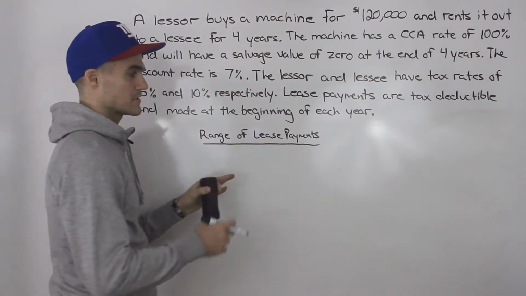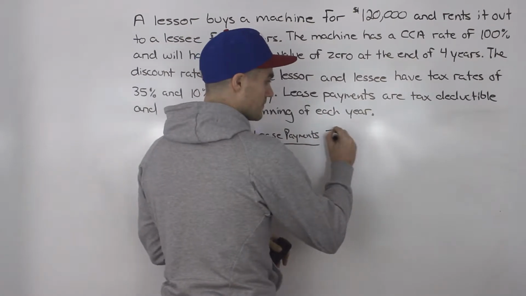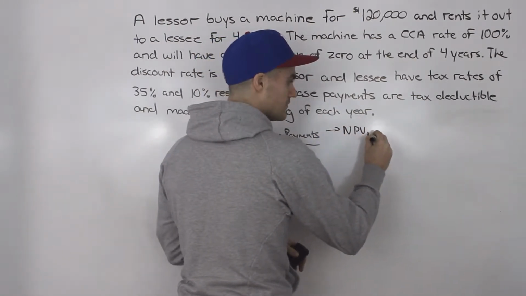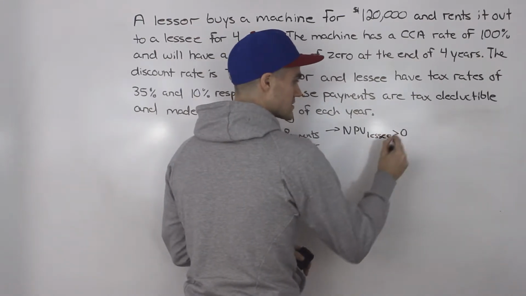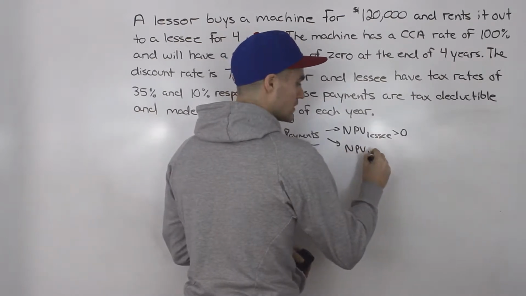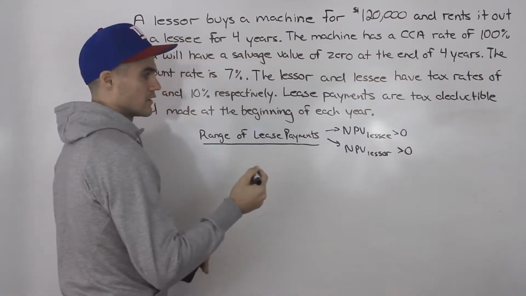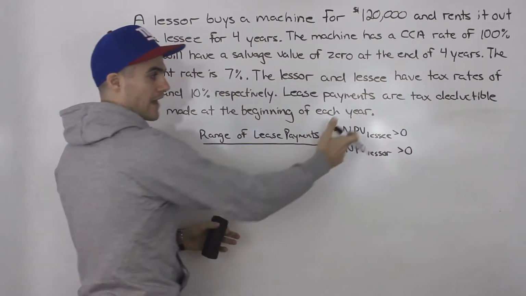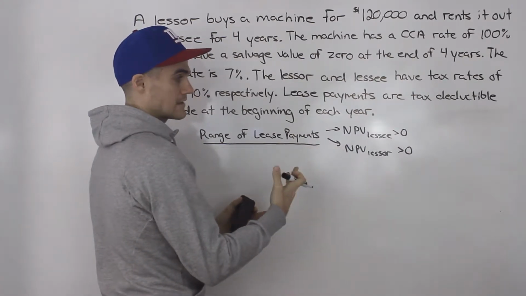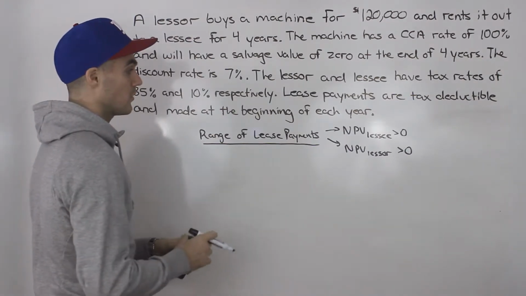And the range of lease payments that makes the transaction profitable for both parties is basically when the NPV for the lessee is greater than 0 and the NPV for the lessor is greater than 0 as well. So if we can get a lease payment where the NPV for both parties is greater than 0, then that is a lease payment that will make the transaction profitable for both parties.